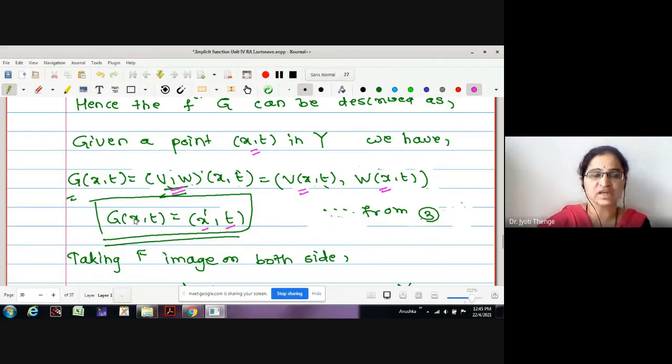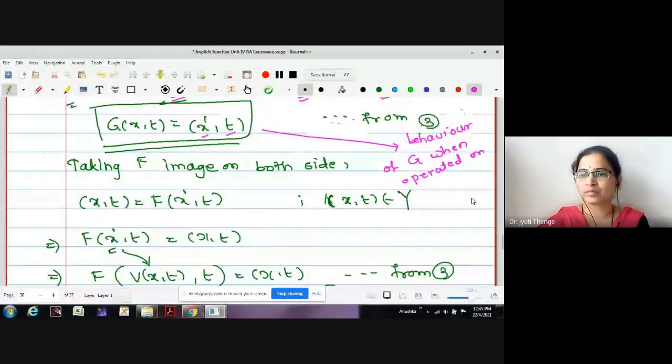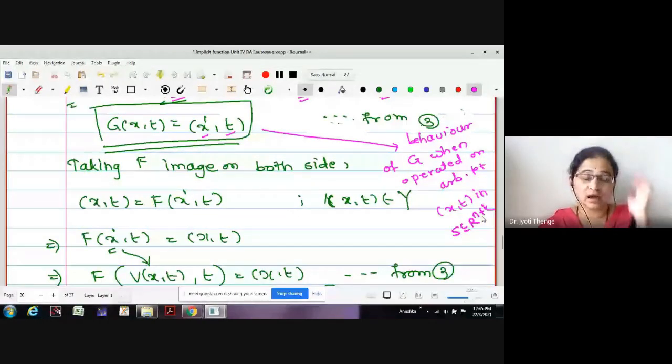Therefore, G of (x,t) is (x',t), and this is actually the behavior of the function G when operated on an arbitrary point (x,t) in S, a subset of R^(n+k). Right? Therefore, here it was clear how capital G behaves, which is actually the inverse.